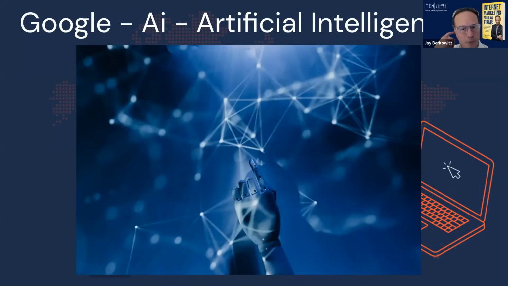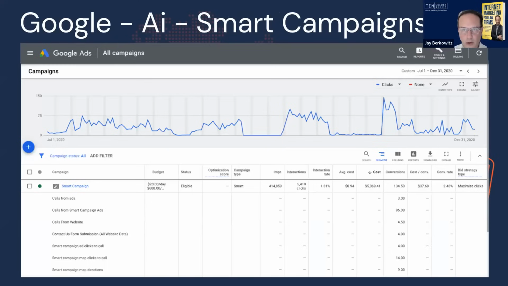The other thing, super hot, new, important to know about is Google's artificial intelligence, AI. Google is serving up a whole bunch of technology now in the back end of Google Ads. We set up a smart campaign for a friend of mine who wasn't a paying client, a local accountant in my networking group, and the smart campaign did really well.